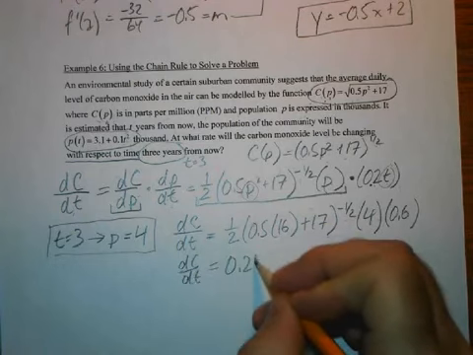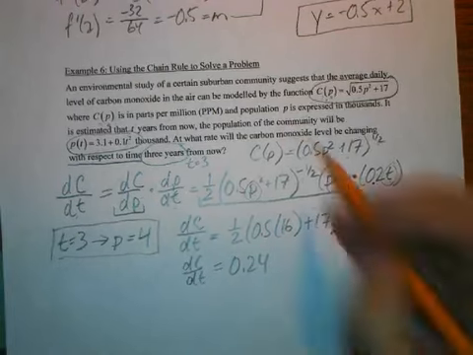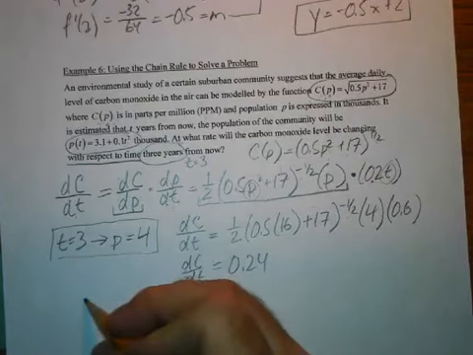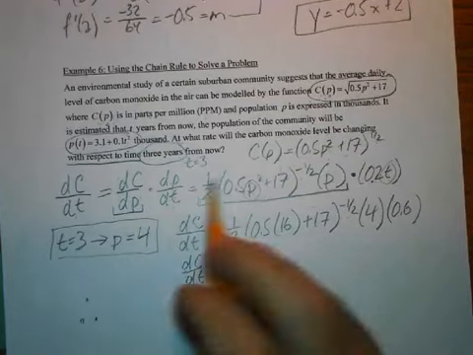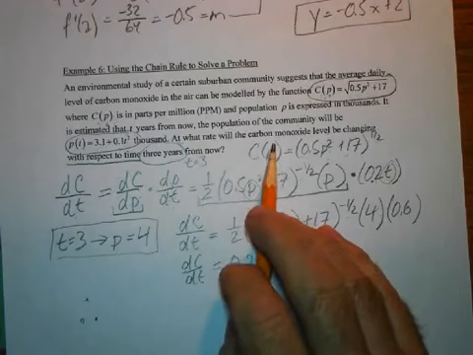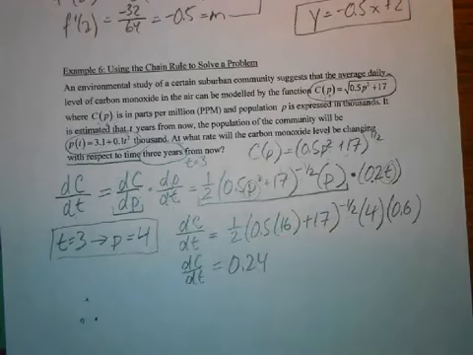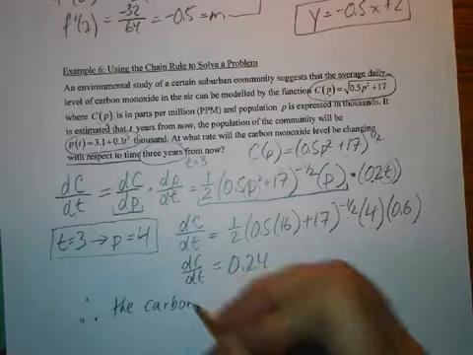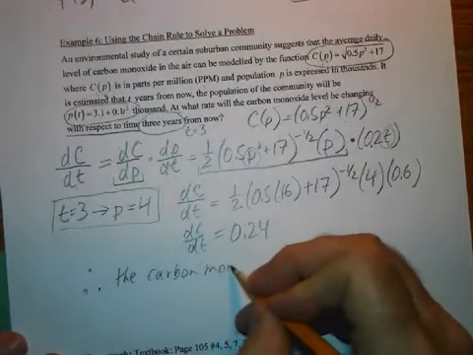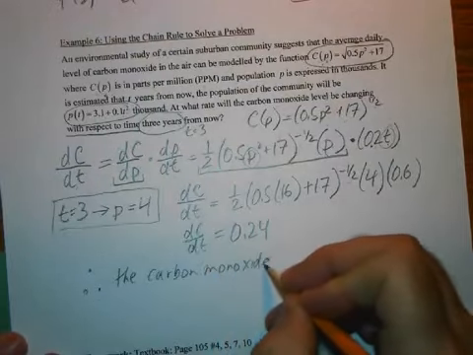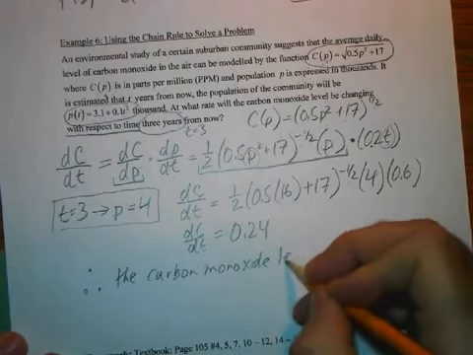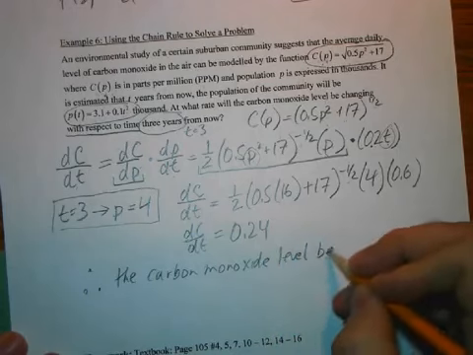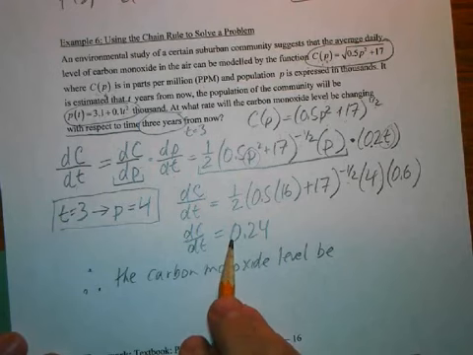Okay, so that was a fairly complicated looking problem. I'm going to finish this off with a word answer. It's always good to read the question again to put the words right. At what rate will the carbon monoxide level be changing with respect to time? So therefore the carbon monoxide level will be, now since this is positive, that means it's increasing, so that's important.